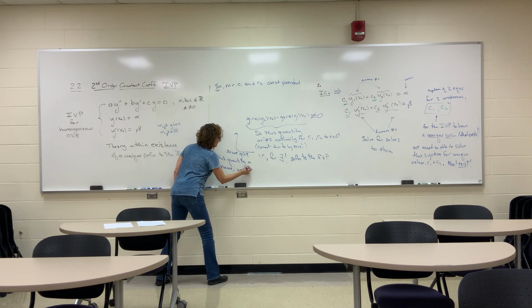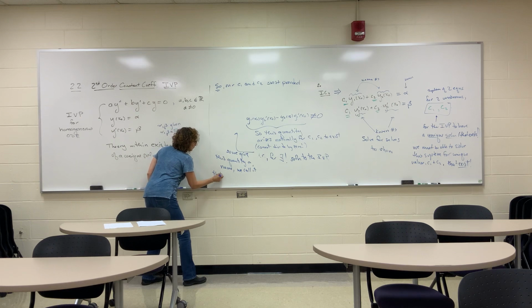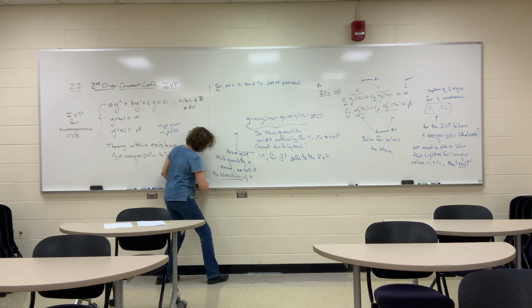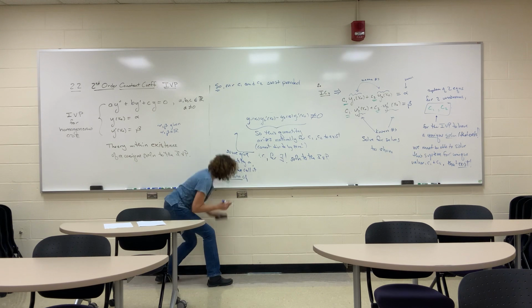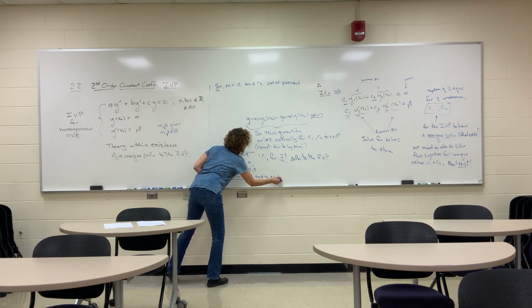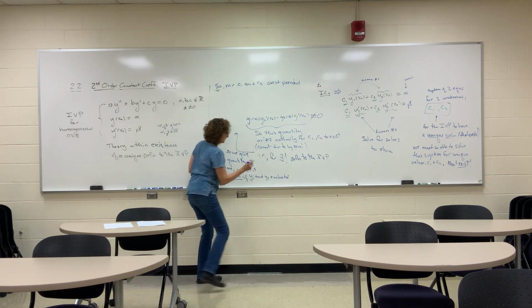We call it the Wronskian of y1 and y2. The Wronskian of y1 and y2 evaluated at, you tell me, where is it evaluated? Good, x0.